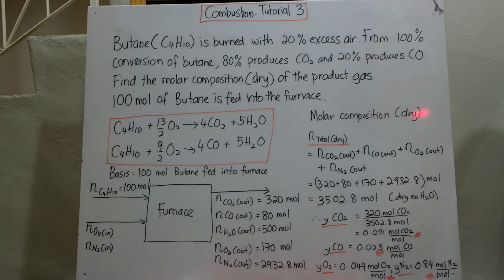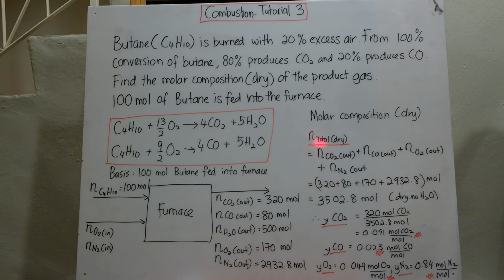So we move to the final step, that is to find the molar composition, the dry composition of the product gas. We have to find the total number of mole of the product gas in terms of dry gas. Our product actually contains water, however, if we need to find dry molar composition, we have to exclude water from the total mole of product gas out.